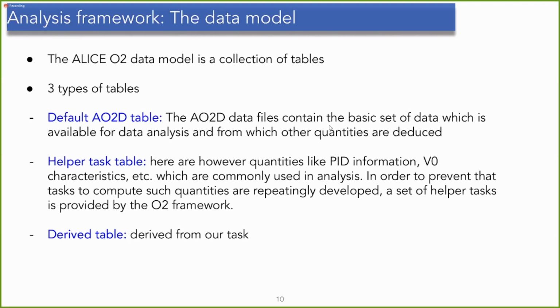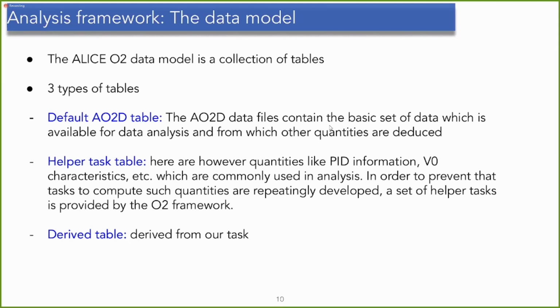Now, we also have another table that is called the helper task table. This helper task table is the additional table that we also use in our analysis. In this helper task table, we store information regarding PID, or V0 or cascade tracks, and so on. Now there is another table that is called the derived table. This derived table we make from our own task.